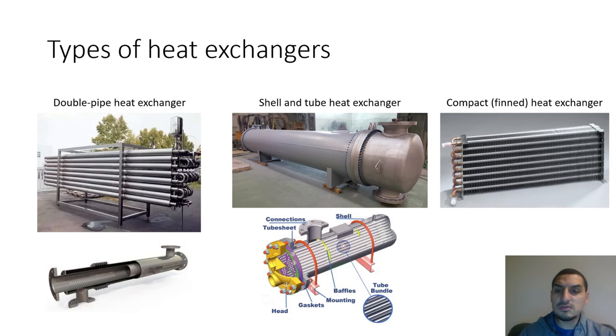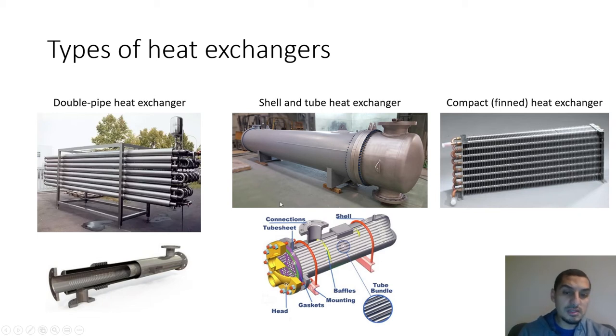But first, I'd like to talk about the types of heat exchangers that we face. So there is a type that's called double pipe. It's simply as its name implies, just two concentric pipes. One fluid is flowing inside the inner pipe, and the second is flowing in the annulus between the two pipes.